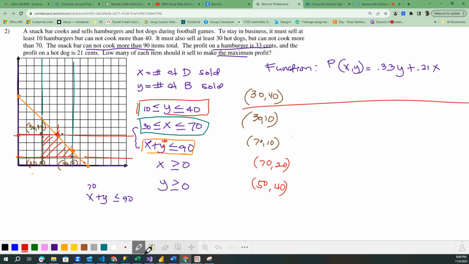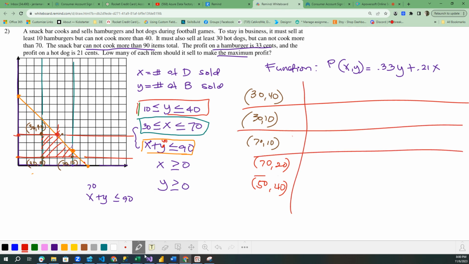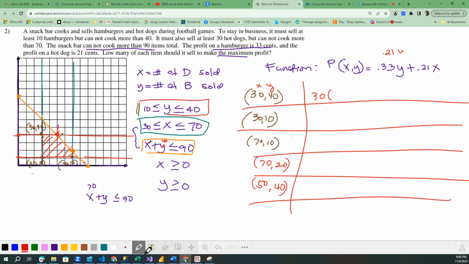Okay, so let's do that here. Okay, so I'm just gonna do the first one. Okay, so this is 30 times, oh, so this is x, y, all right? I should probably rewrite this as 0.21x plus 0.33y, so it's easier to keep track.